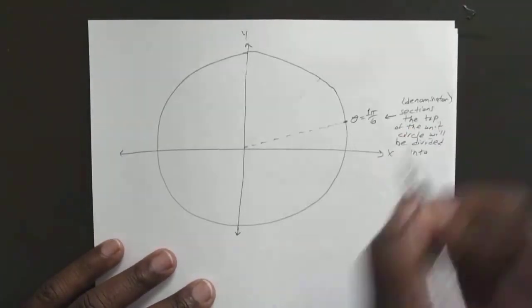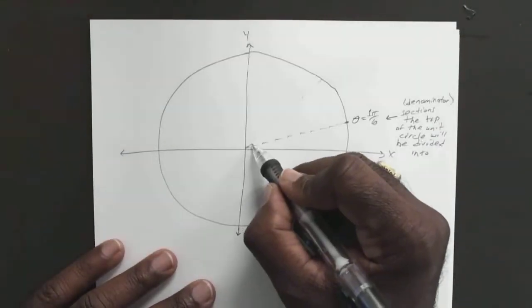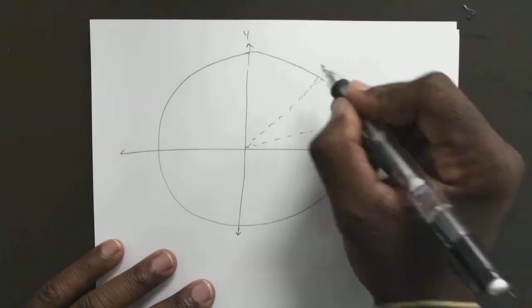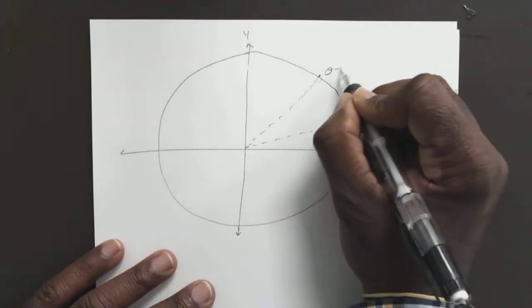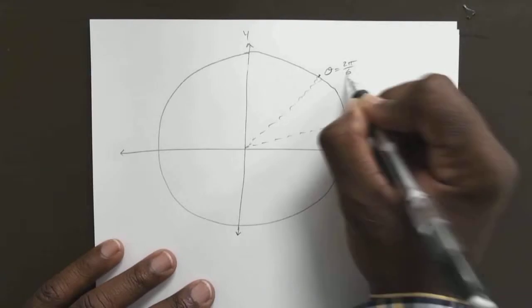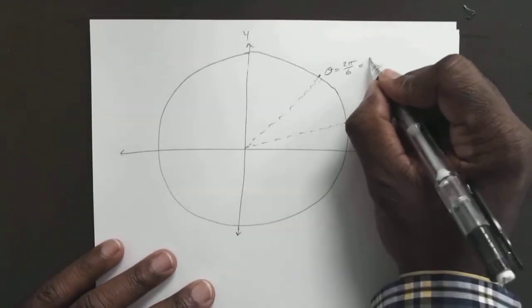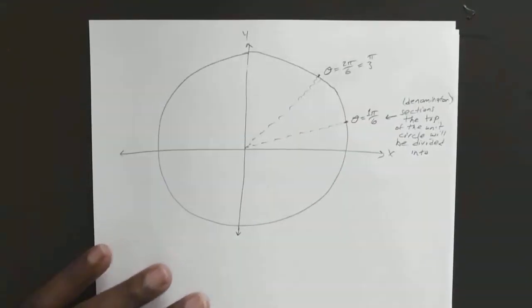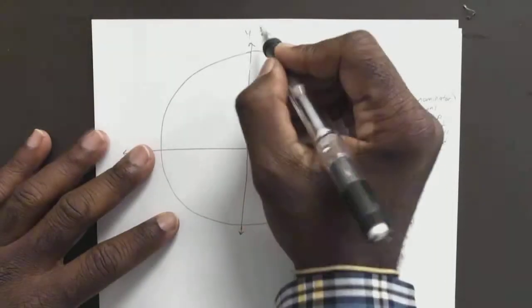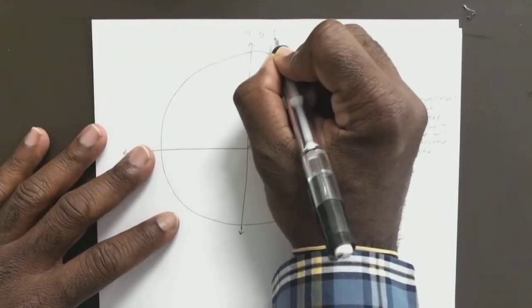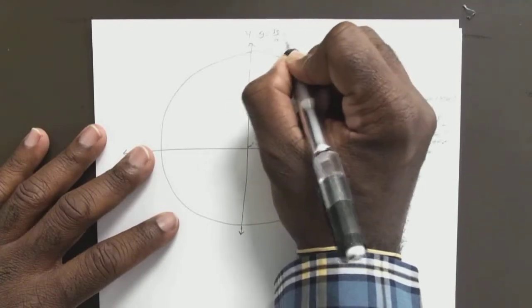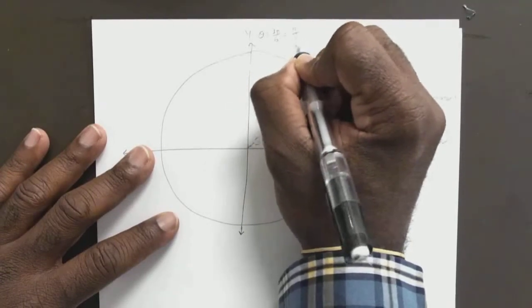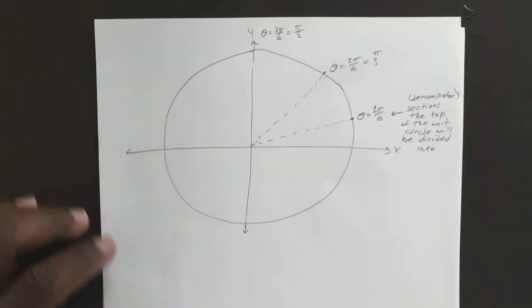Okay, so you have 1 pi over 6, and I'll put a 1 there. Let's say if you go here, theta equals 2 pi over 6, which ends up being pi over 3. Okay. Let's say if we swing up here, theta equals 3 pi over 6, which remember is just pi over 2.